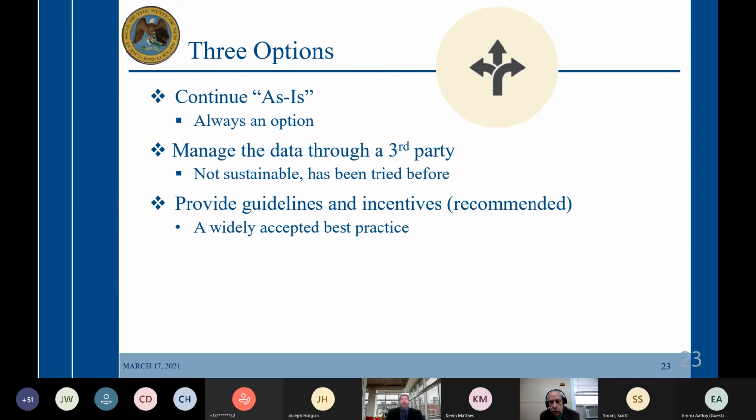It's just not sustainable to do it that way. It's been tried before. And then what we recommended was provide guidelines and incentives. It's really widely accepted, almost universally accepted, I should add, that this is how it's done in higher ed, if you will. And it works pretty well. We've talked to some states where this exact process is working extremely well and coming up with some good outcomes. Okay.